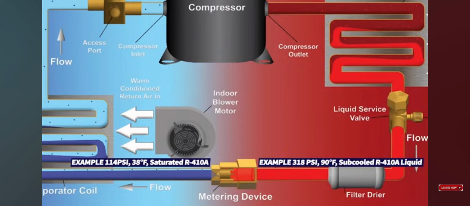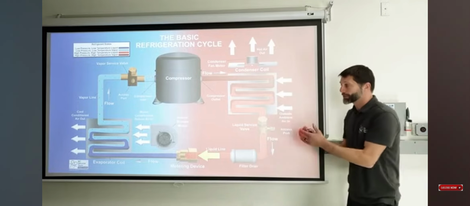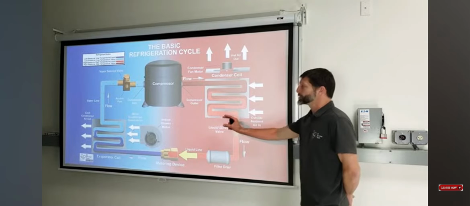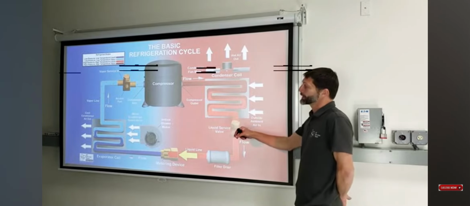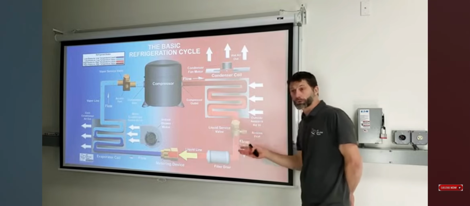As the refrigerant enters into the coil, it's already saturated. And saturated means liquid and vapor both exist at the same time. Anytime the refrigerant is saturated, you have a phase change occurring. And the phase change is the big secret to allowing the refrigerant to absorb heat energy from the air crossing the coil.